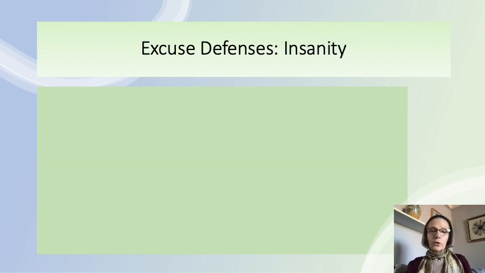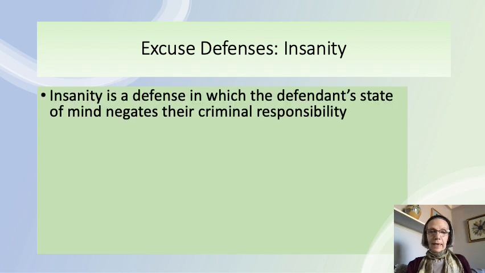The first excuse defense we're going to look at is the insanity defense. Insanity is a defense in which the defendant's state of mind negates their criminal responsibility. In other words, the argument is that because of mental illness, this person was not able to understand the consequences of their actions, that they really did not possess criminal intent, mens rea.